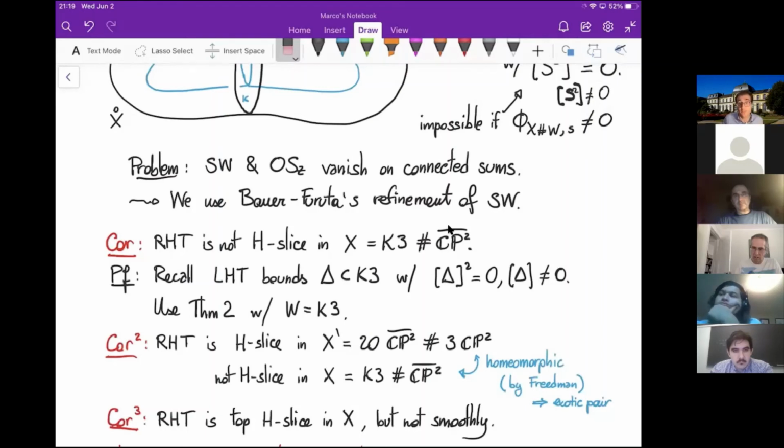The fact that it is not smoothly so is just stated in the corollary, but now we know that X and X prime are homeomorphic, and so the right-handed trefoil is H-slice in X prime, and so it is also topologically H-slice in X, because a smooth disk is also a topologically flat disk. And being topologically H-slice is a property that is preserved under homeomorphism.